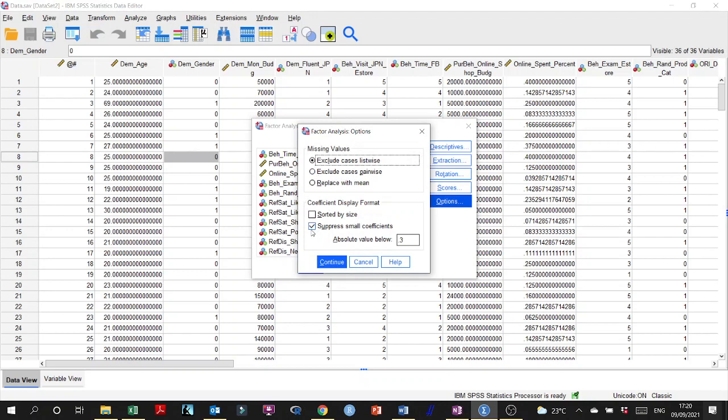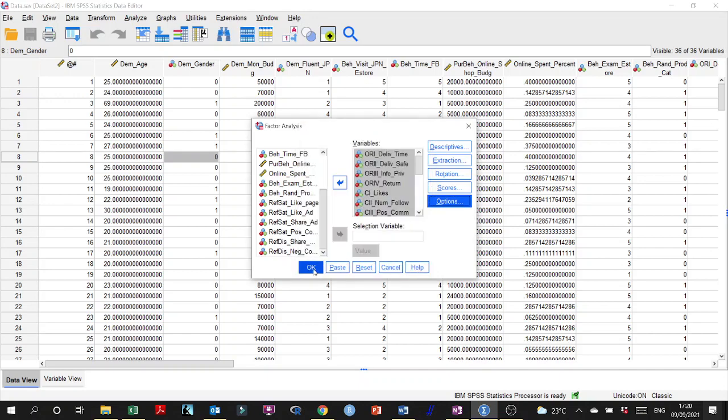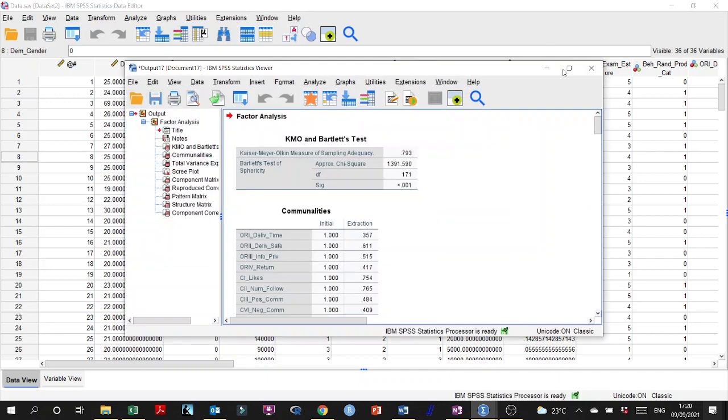I'm going to keep this as is, but over here on coefficient display, I only want absolute values to be greater than 0.3. Suppress small coefficients means don't show me coefficients below 0.3 as a threshold. So this is the loading threshold. And here's the analysis.